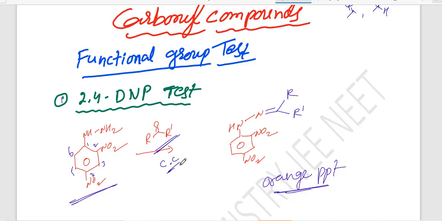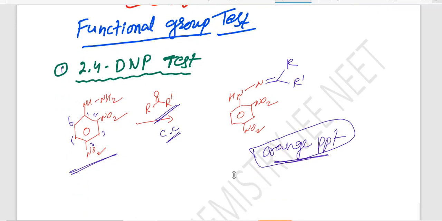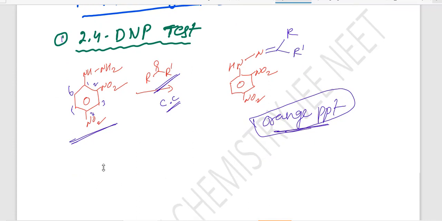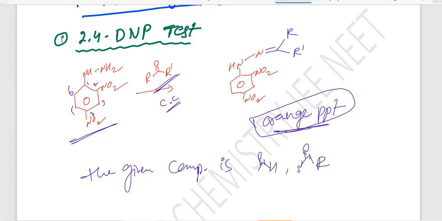That means carbonyl compounds produce an orange precipitate. If an orange precipitate is given, then we can confirm that the given compound may be an aldehyde or it may be a ketone. After this test, the next question is whether it is an aldehyde or ketone.